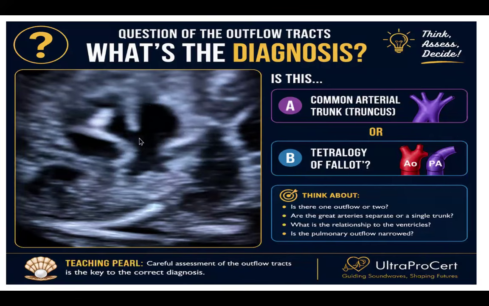We see the connection between left and right ventricle, and then followed by one common trunk of a vessel there in the center. And then we can see the branching of the pulmonary arteries there at the bottom. So from what we just discussed, we do know that this is an example of a common arterial trunk, which is also the name for truncus arteriosus.